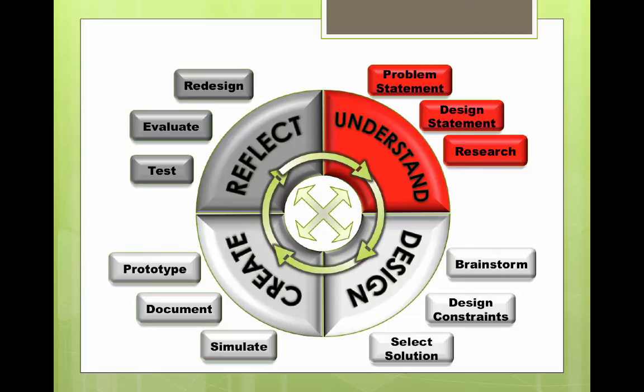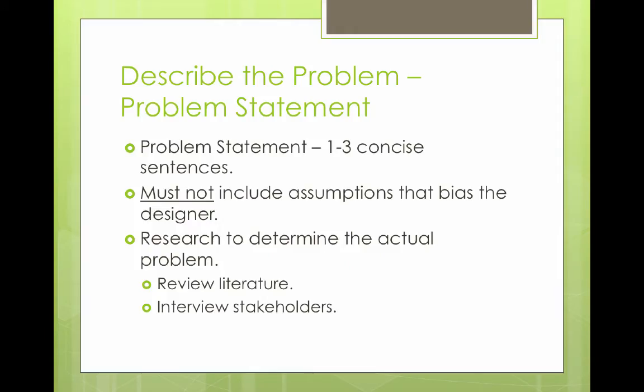So first we're going to start with our understand section. Here's where we state what the problem is, we state what we're going to design, and we do some research. So what do we need to do for our cookie problem? Well, first we have to describe the problem. If we don't properly describe the problem, we can't solve it.